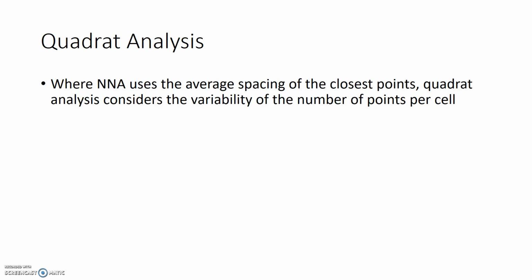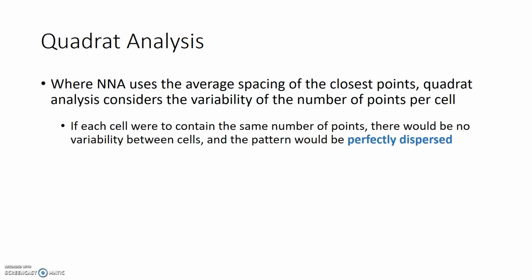Or do we have most of the boxes relatively the same in terms of number of points per grid box or per cell? If each cell were to contain the same number of points, there'd be no variability between them. If you made a list of all the numbers of points per cell, and those were all the same, we would have no variability, and we'd say they're perfectly dispersed. So again, we're looking for a scenario in which we could characterize perfect dispersion.